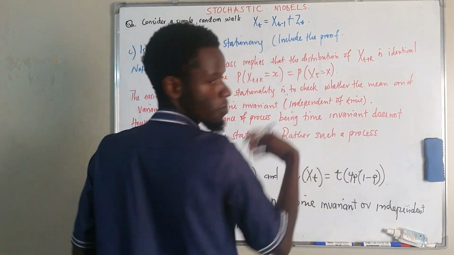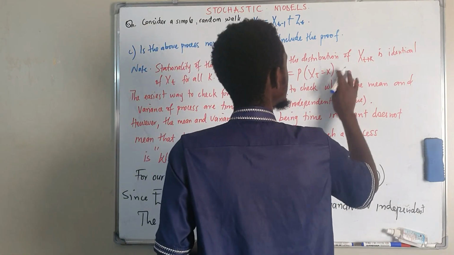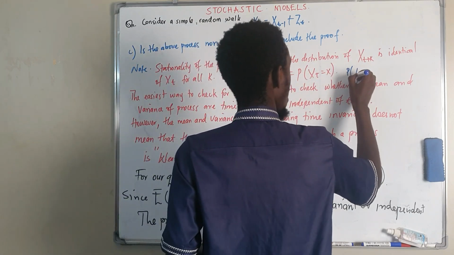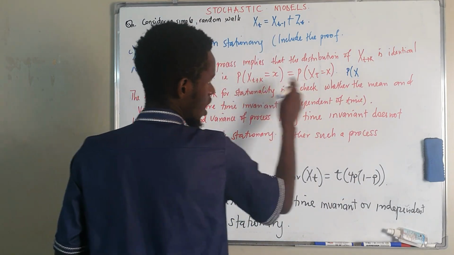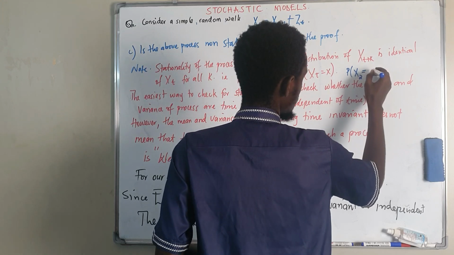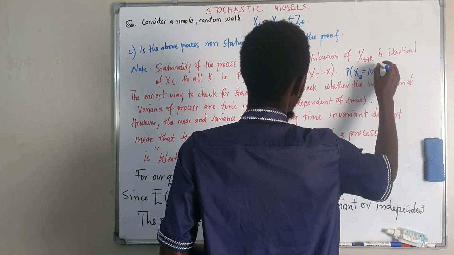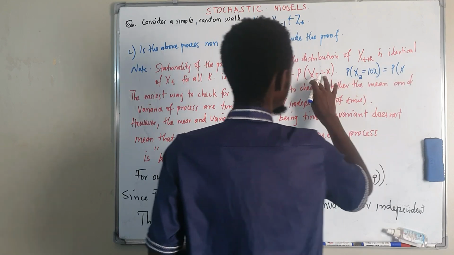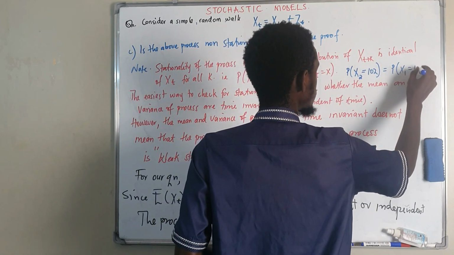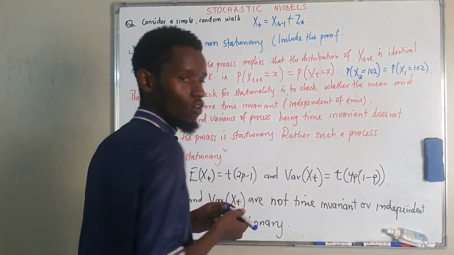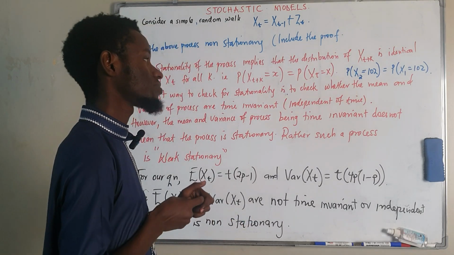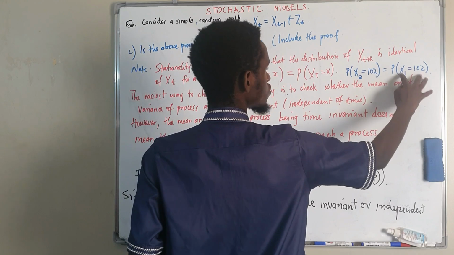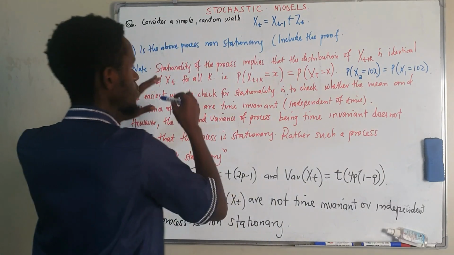The example is like, remember our X_t, your t may be 1 and your k may be 1. If your t is 1 and k is 1, I have X2 equal to a certain value, 102, which has to be the same as the probability of X1 equal to 102. Both of these have to hold for something to be stationary.